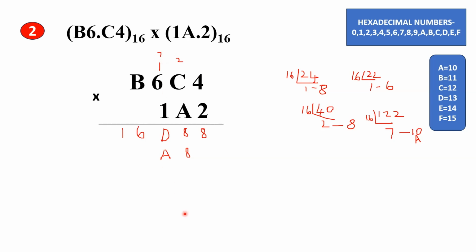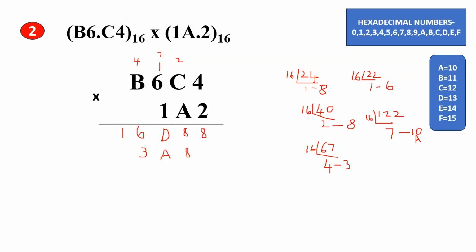Next, A into 6, that is 60, plus the carry 7. So you get 67. So 67, make it a hexadecimal, divide by 16. So you get 4 as the quotient and the remainder is 3. So write the 3 here and 4 as the carry.